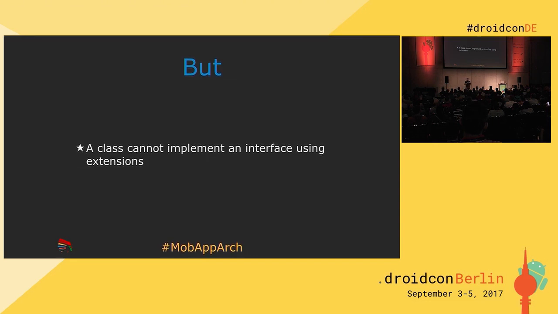I know that this is a limitation of the JVM, but sorry, I want that. If I create an interface that has the method present and the interface is called Presentable, if I add the extension to an object that adds the method present, I want this object to be Presentable because it has the method. But it cannot be done, at least that I know of. If anybody knows, please let me know.